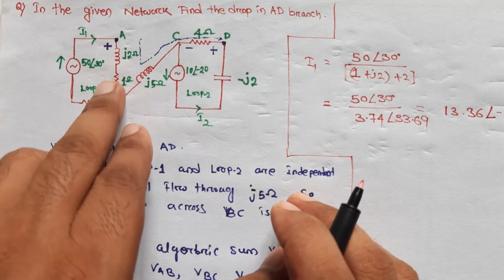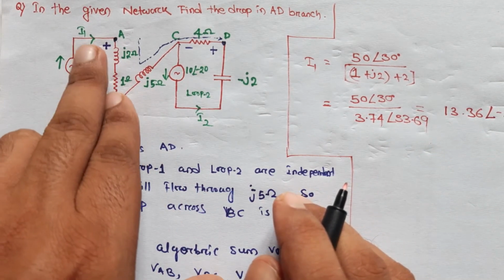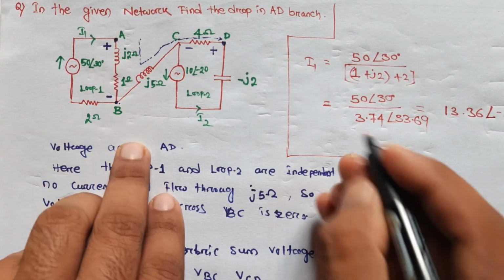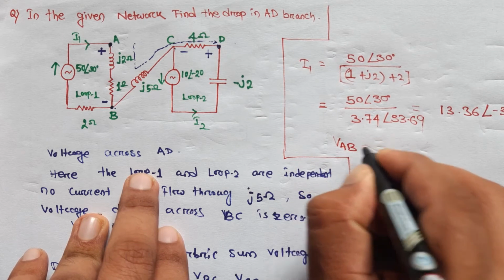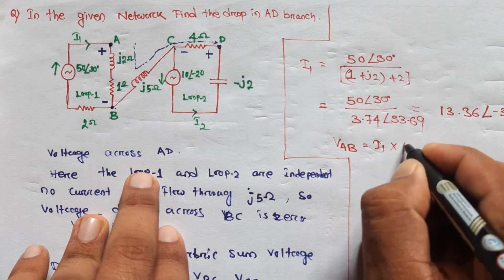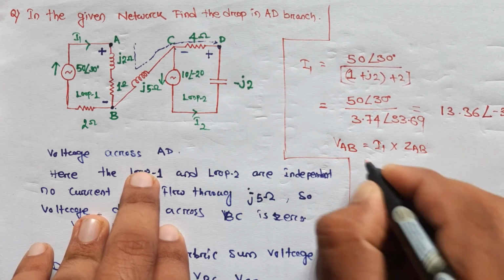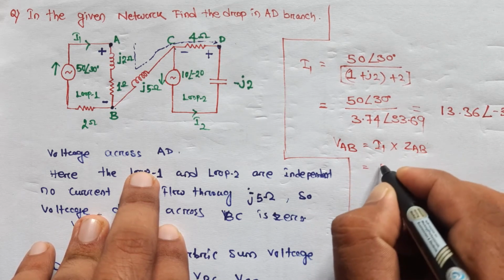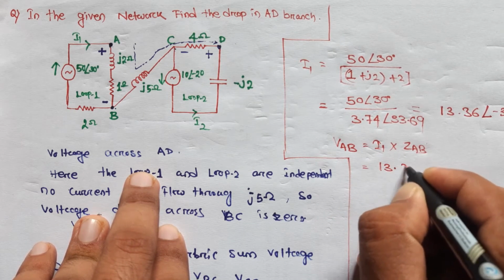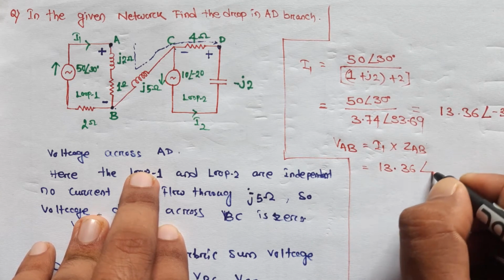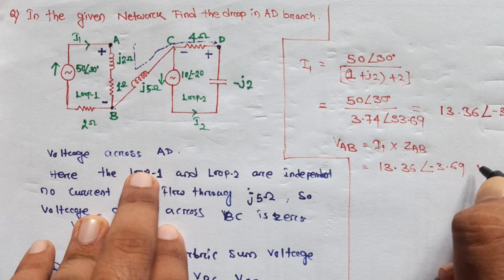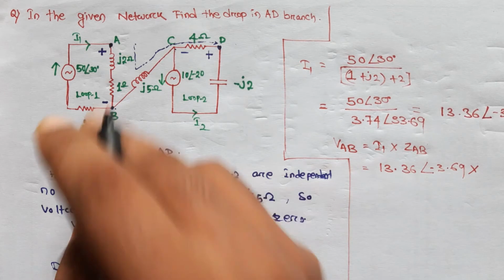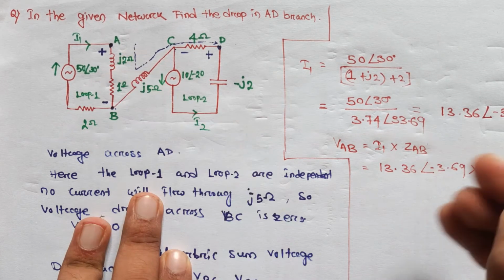Next we find VAB. VAB is this much current into this impedance. So VAB is equal to I1 into ZAB, which is 13.36 angle minus 3.69 into 1 plus j2.